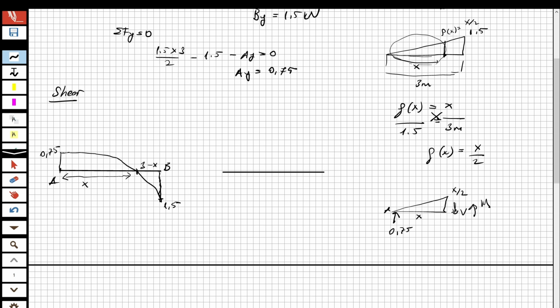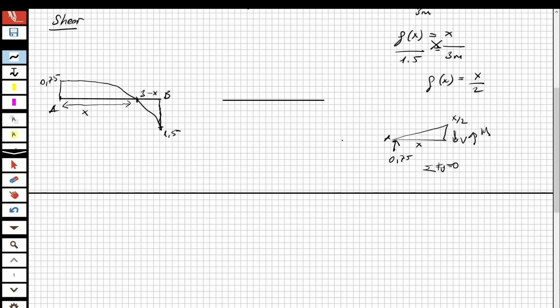So, from that shape, how am I going to take the moment, for example, with respect to A? And then we are going to try to determine the total moment equation. For this one, let's write first for the shear. So total Fy equal to 0. I'm going to take this part down.